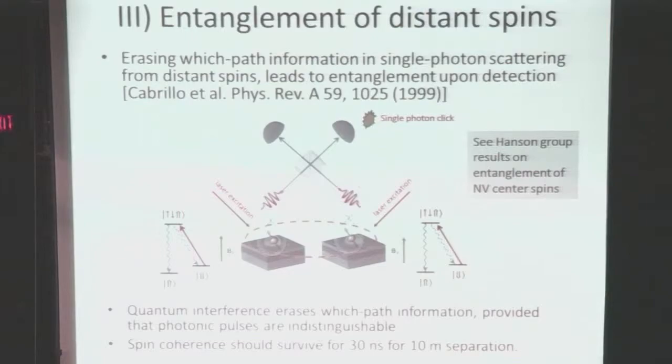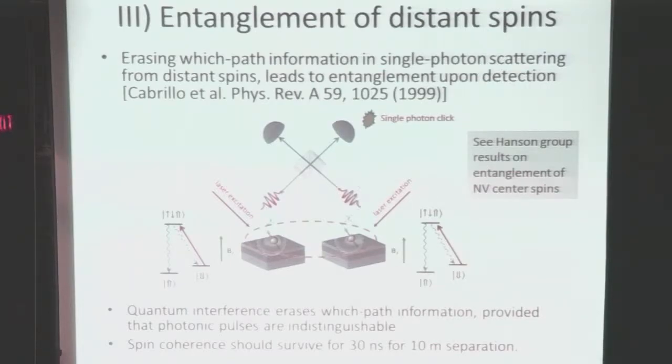Okay, so let me then go to the next set of experiments, which is entanglement of distant spins. In this case, we use a slightly different protocol, which was first proposed by Cabrillo, Cirac, and Zoller, and was promoted as poor man's entanglement. That is, if you really don't have access to interactions, can you still generate entanglement, but with the price of it being probabilistic.